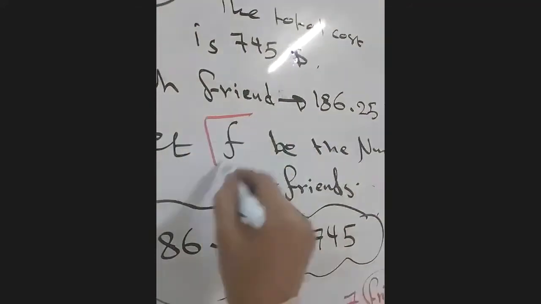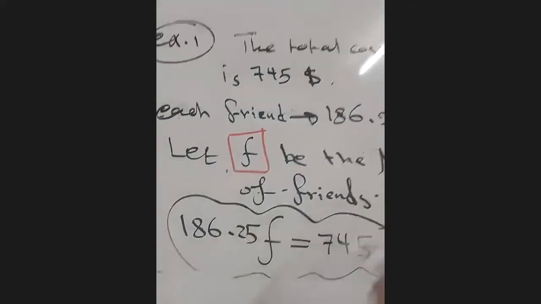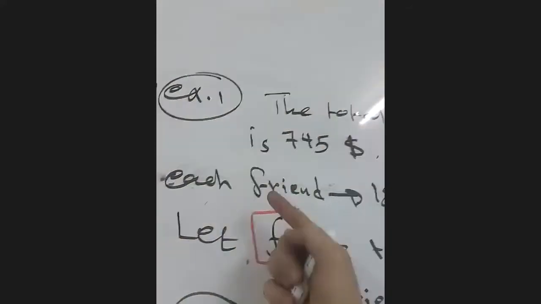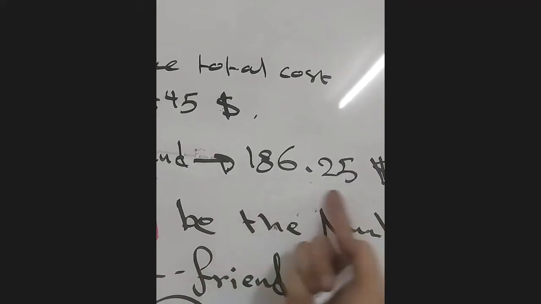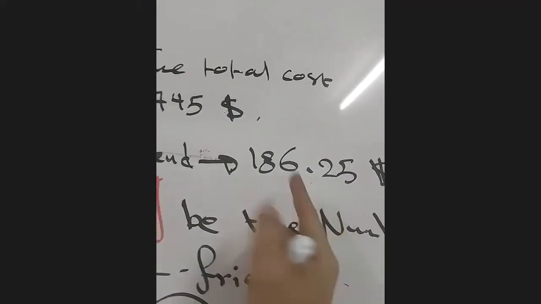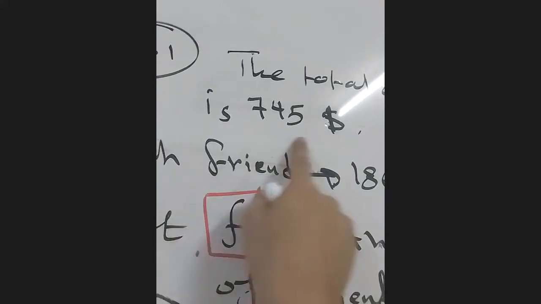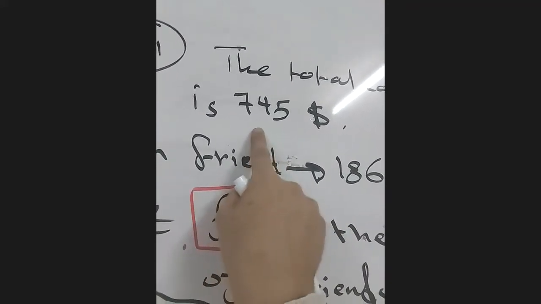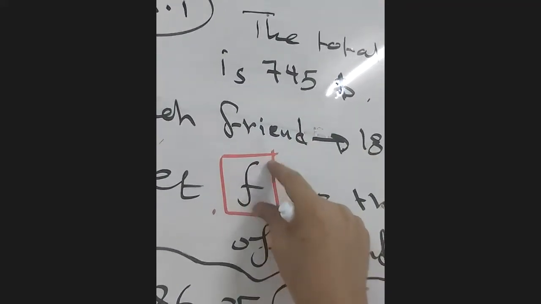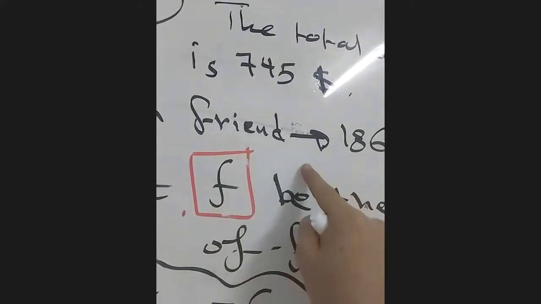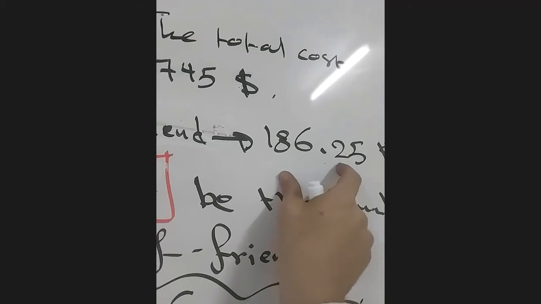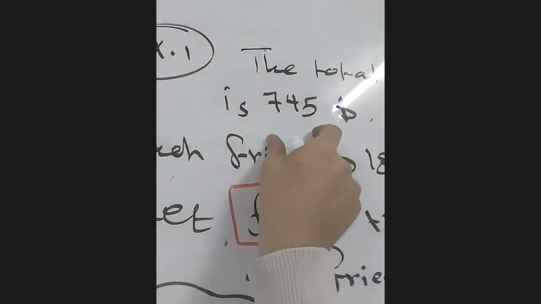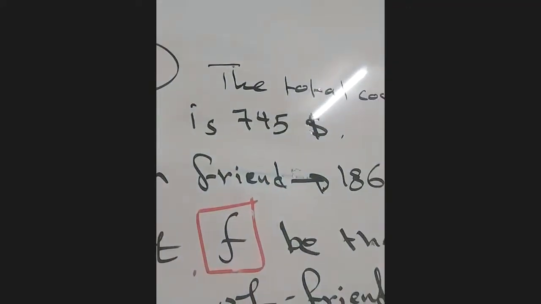Let's go back here. F is the number of friends. Each friend will pay how much? 186.25. And the total cost is what? 745. So the number of friends F multiplied by 186.25 should be equal to the total cost of money, right?